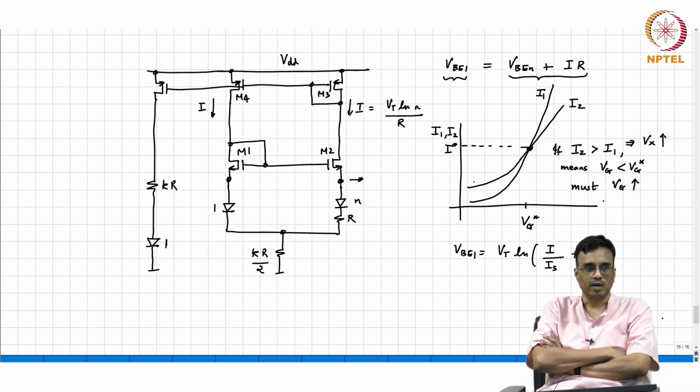So negative feedback is an underlying requirement if you want to make anything work robustly. Negative feedback is an absolute must.